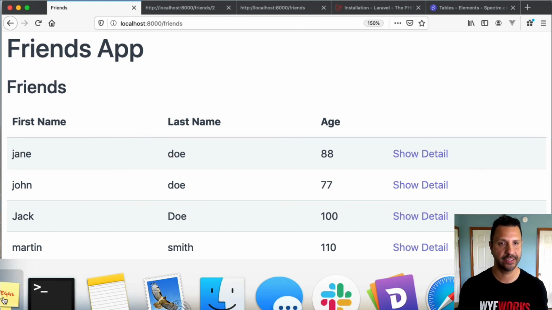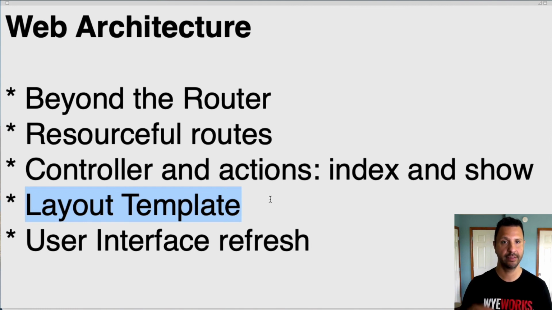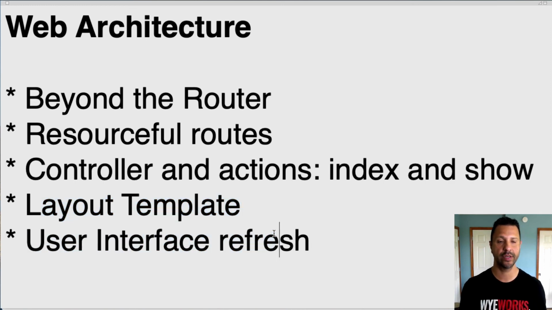So I guess in closing, we basically took out our route get and created a resourceful route instead, so that we can display a list of friends and show detail of a friend. We organized our HTML into layouts so that we can share CSS and headings. And then we introduced a CSS framework to make our pages look a little bit nicer.